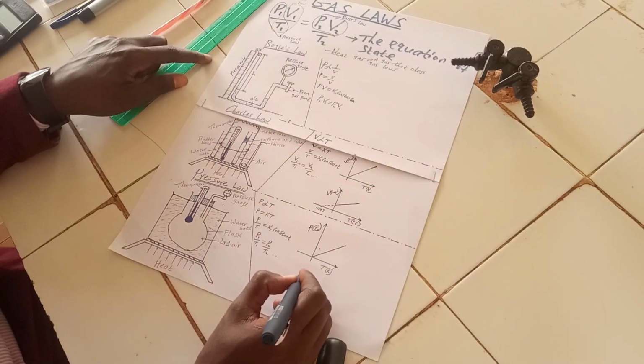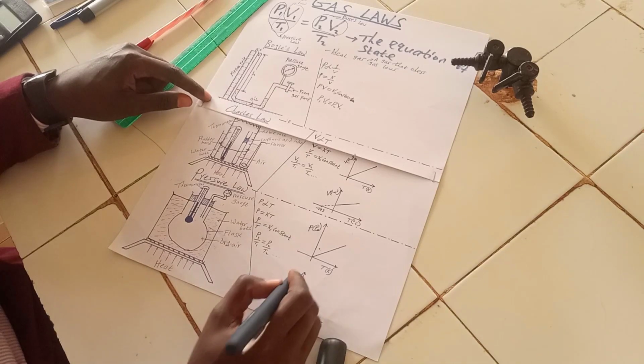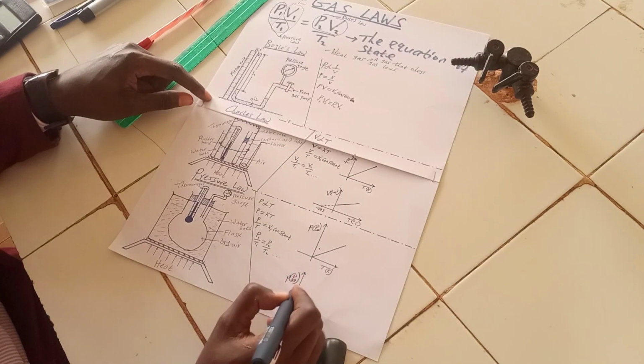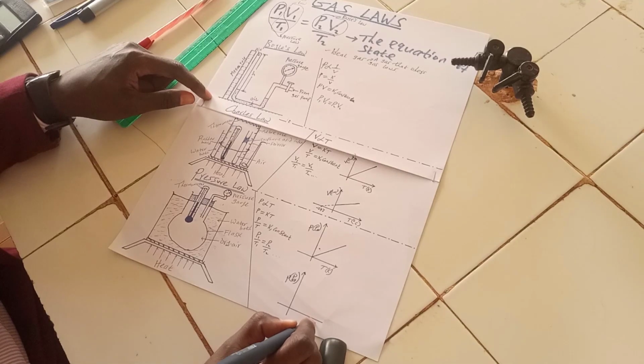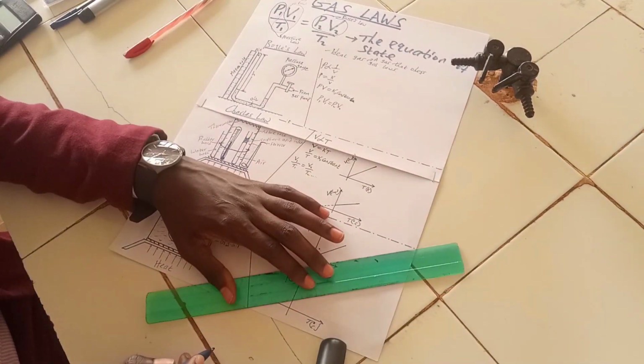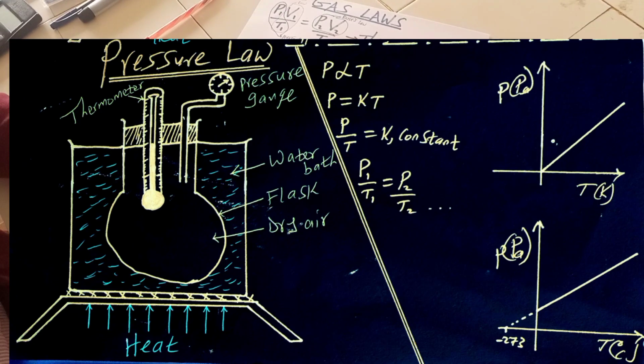And then we also have the same for degrees Celsius. So pressure in pascals, temperature in degrees Celsius. This one will also pass through negative 273. That means the graph is a straight line.